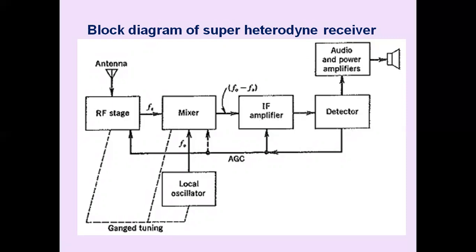These are all the various blocks in the super heterodyne receiver. And there the tuned circuit is there in the RF stage, the tuned circuit is there in the mixer, the tuned circuit is there in the local oscillator. All these capacitors in the tuned circuits are ganged together, and we have a common control knob.